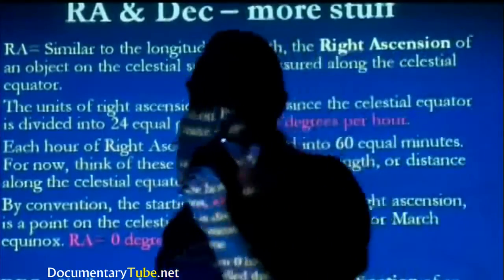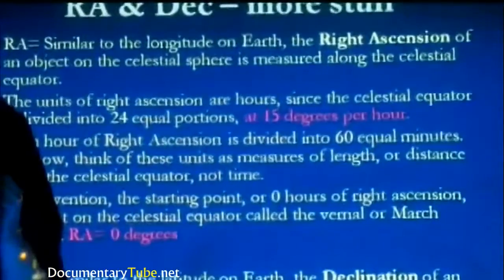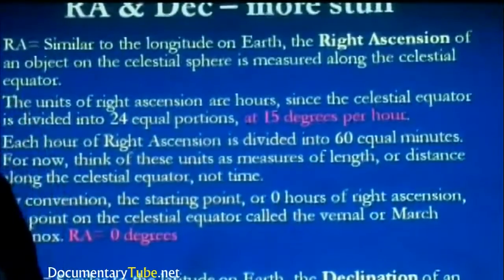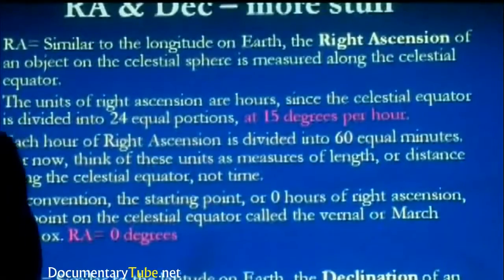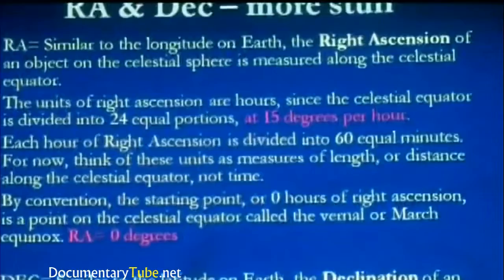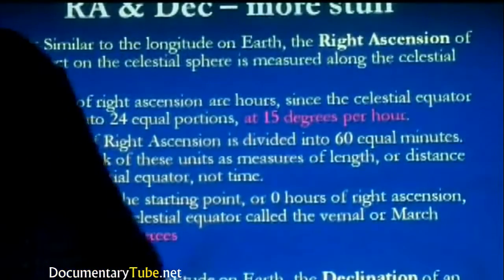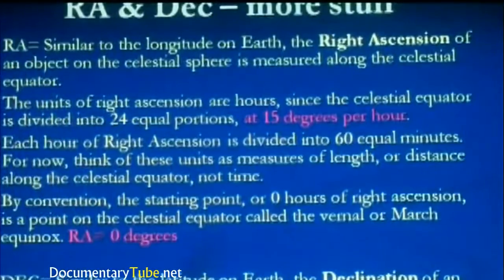So during the March equinox, which I don't remember the exact date, but it's late in March, I believe it's at high noon, right where that point starts is where 0 degrees, or actually I guess it would be 0 hours in right ascension is going to be. So depending on where you are on the Earth, your local right ascension time is going to be different. And we're going to talk about that in a little bit because it's not actually something that you need to calculate. It's something that you can figure out very easily.